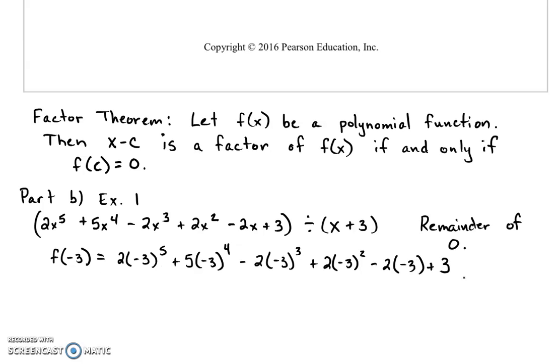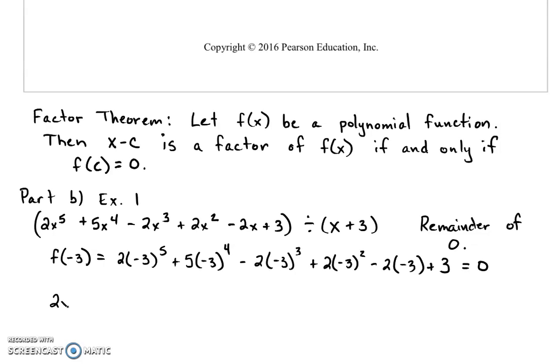And if you put that just like that in your calculator, that's going to equal 0. That tells us that 2x to the fifth plus 5x to the fourth, etc., is evenly divisible by x plus 3.